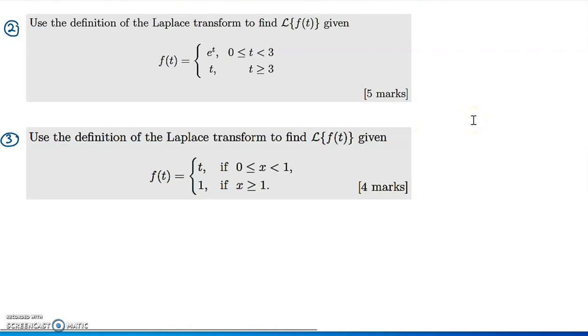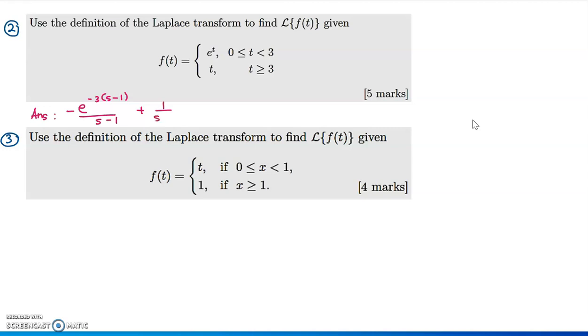Maybe you can check the answer for this one. Later when you attempt the solution, make sure you have this: negative e^(-3s) minus 1. The solution for this one is slightly longer because the function f(t) involves the t both times.